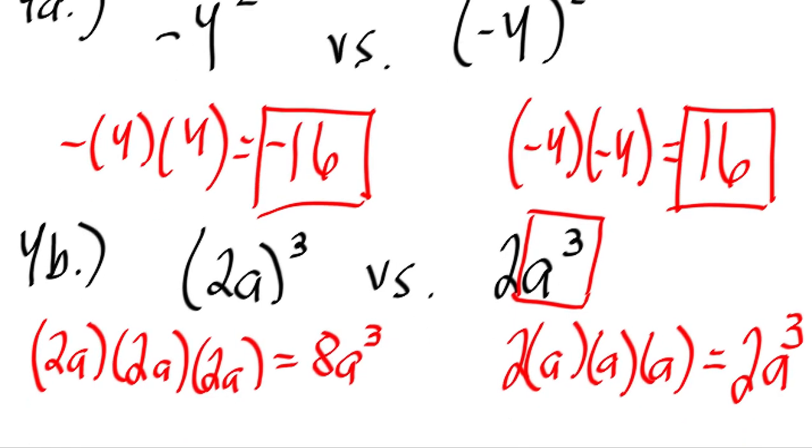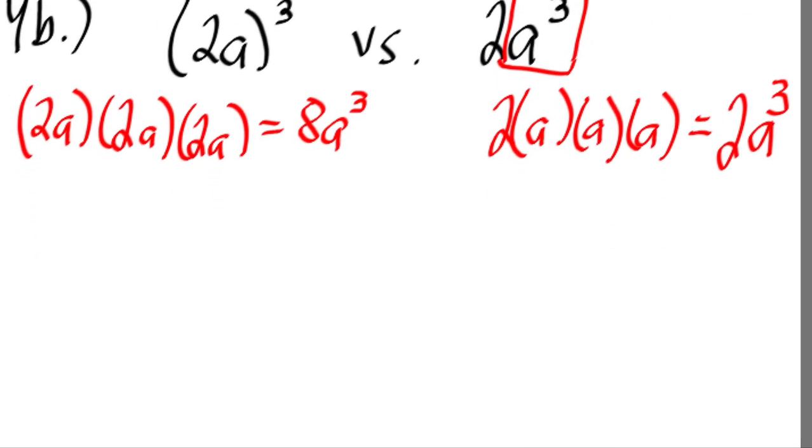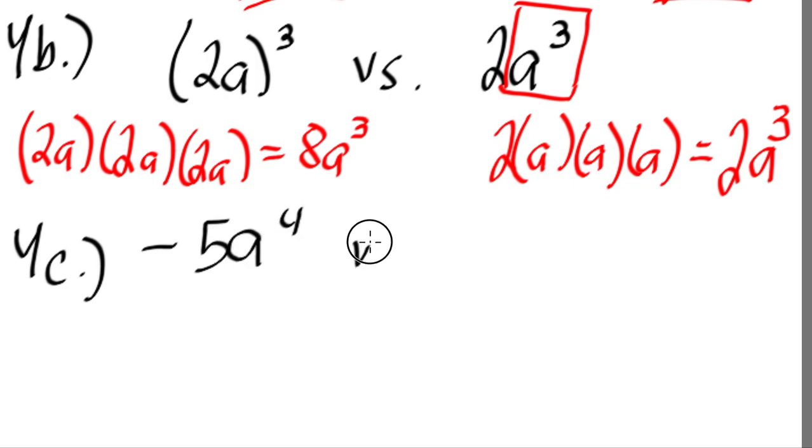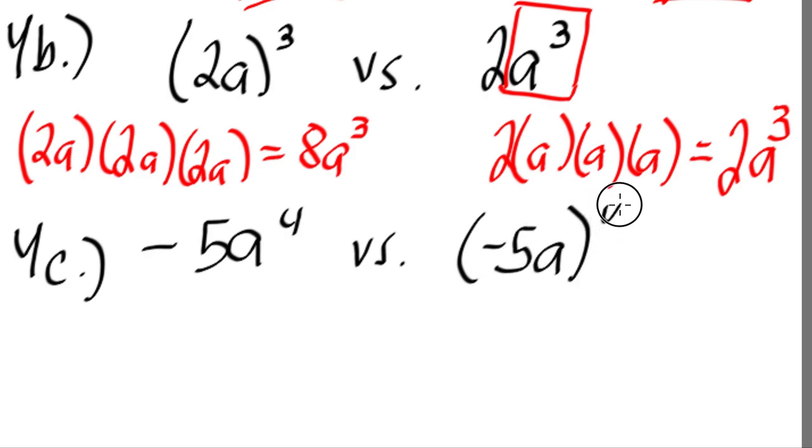And let's give one more illustration about this. Okay, so let's have 4c, our last and final illustration. Let's see negative 5a to the fourth versus quantity negative 5a to the fourth. Now you may pause the video and try to answer it by yourself, and we'll be answering it after.